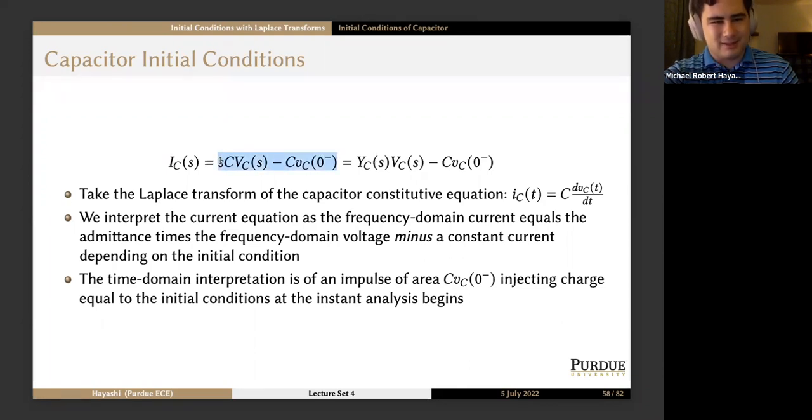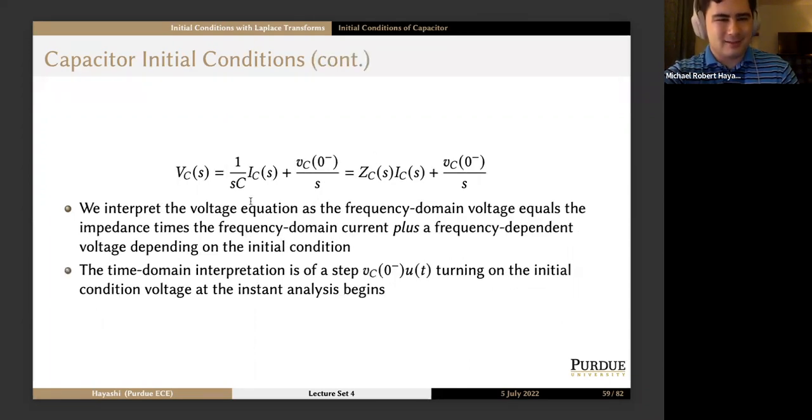or I guess this equation, move things around, we will get this. VC of S, the frequency domain voltage, equals the impedance, 1 over SC, times the frequency domain current, plus a frequency dependent voltage that depends on the initial condition, this last term right here.